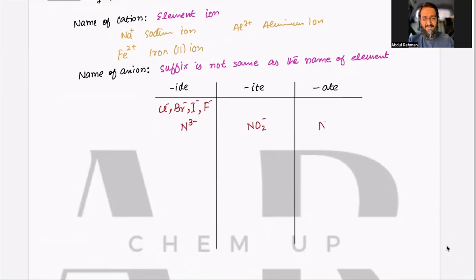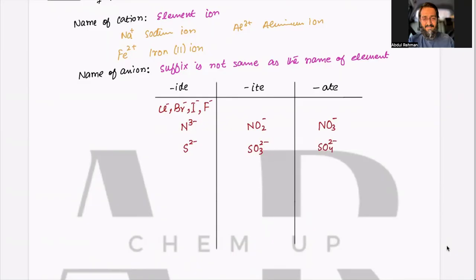And if it's NO3 with the -1 charge, then it is called nitrate. Is this clear? Then sulfur with a 2- charge, sulfide; SO3 with the 2- charge, sulfite; and SO4 with the 2- charge, sulfate.